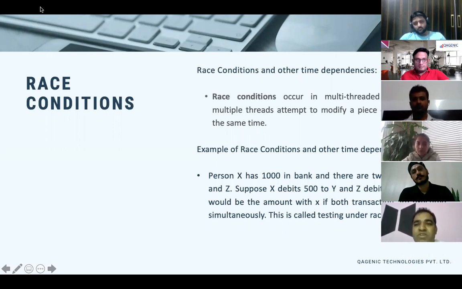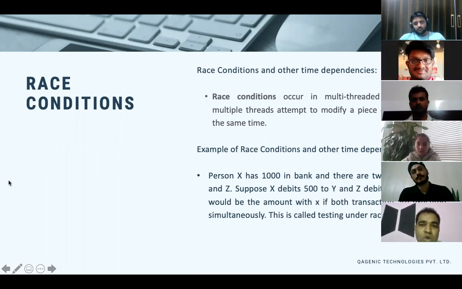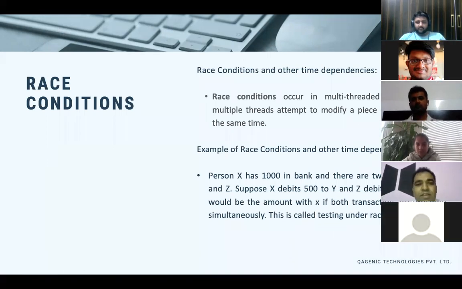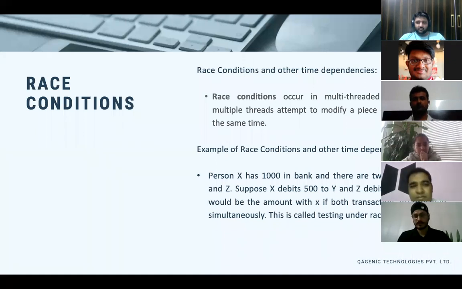What transaction should process first, the one from his mobile phone or the one from his laptop? In this case it doesn't matter; either the mobile one or the laptop one can happen first. But such conditions are called race conditions, when multiple users are trying to access a particular thing in the application at the same moment.